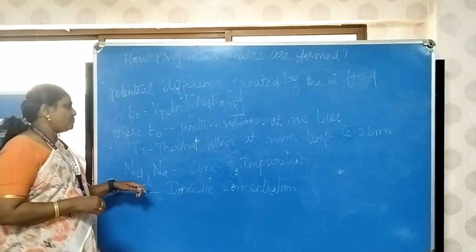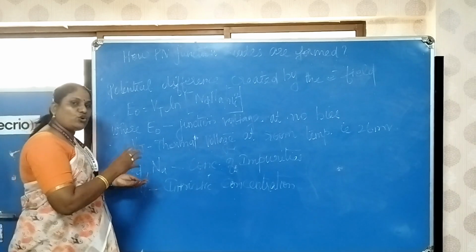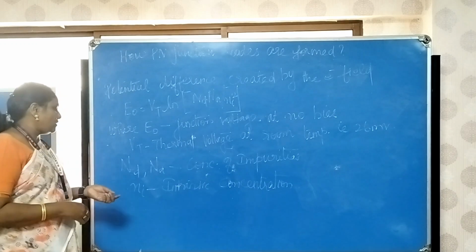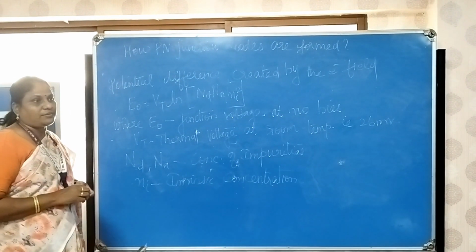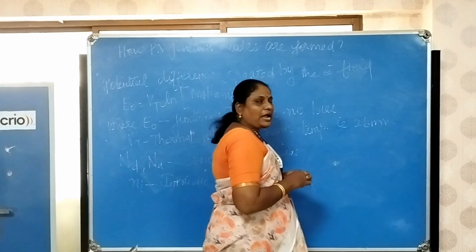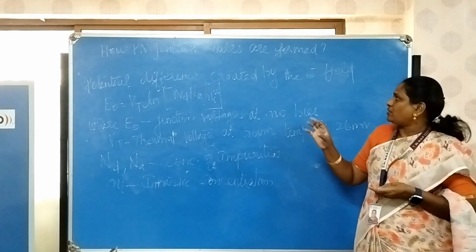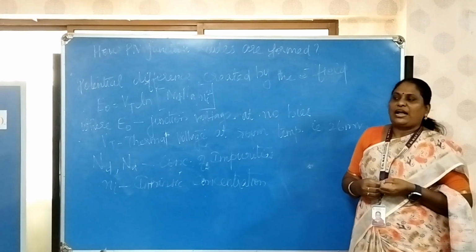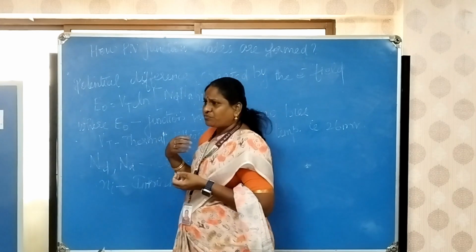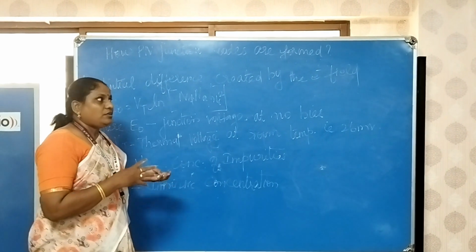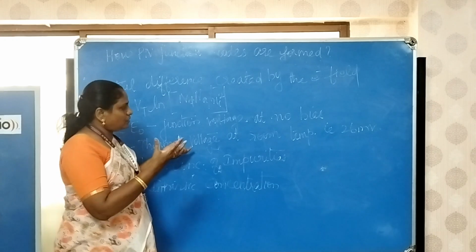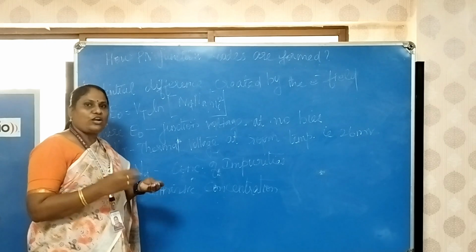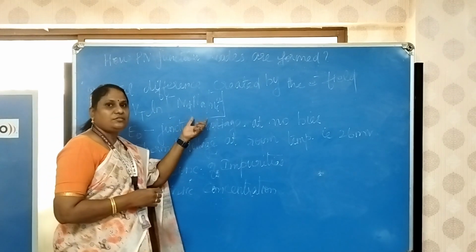Nd and Na are the concentrations of donor and acceptor impurities, and Ni is the intrinsic concentration. Similarly, we can calculate drift current, diffusion current, the knee voltage, as well as the reverse bias voltage with the help of these formulas.